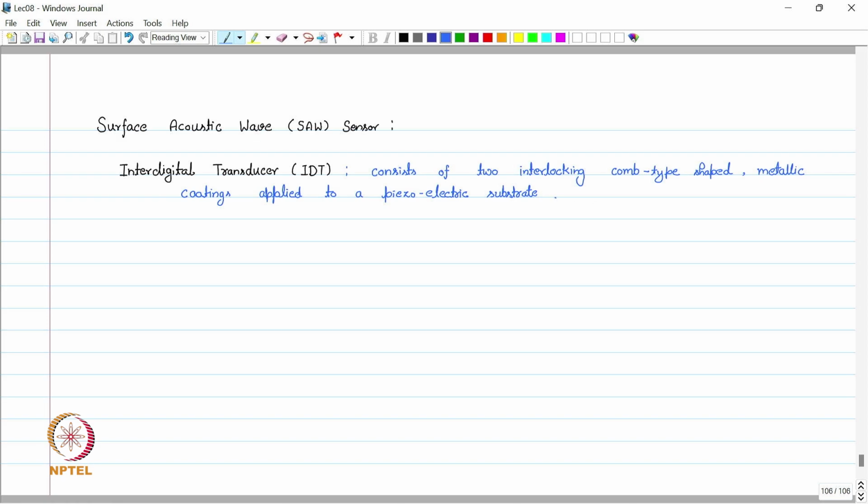These IDTs are used to convert electrical signal into surface acoustic waves.